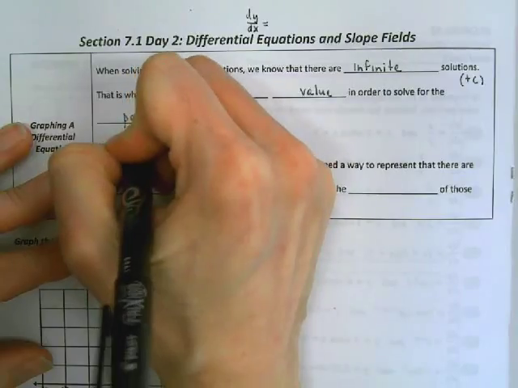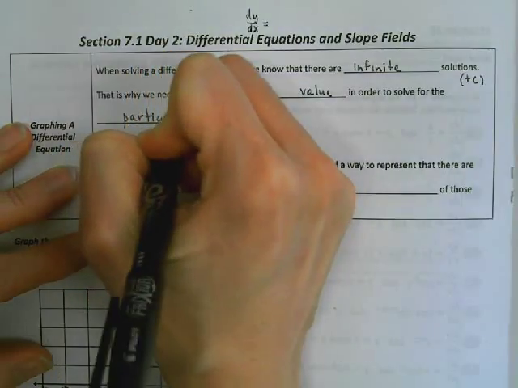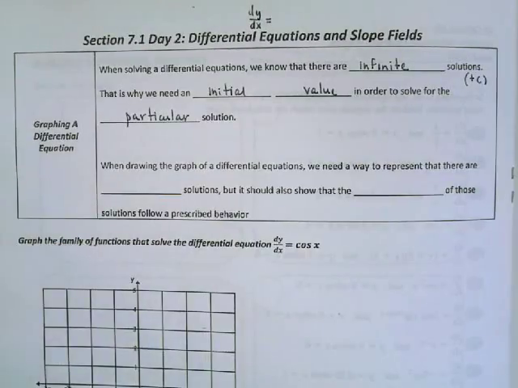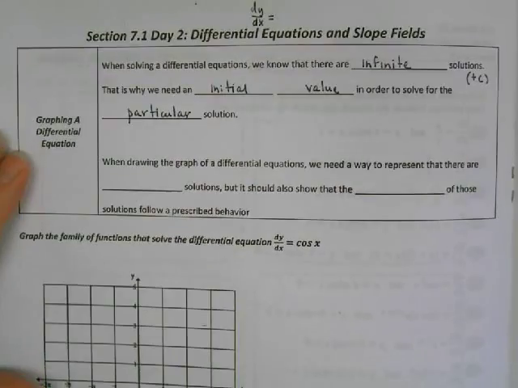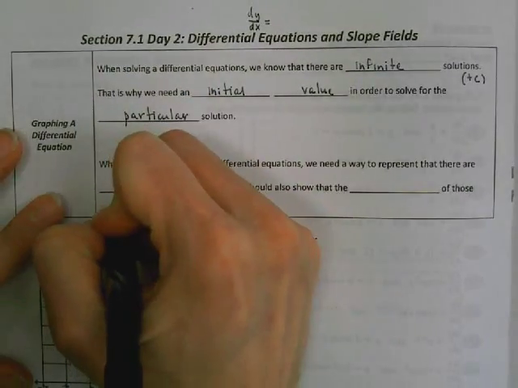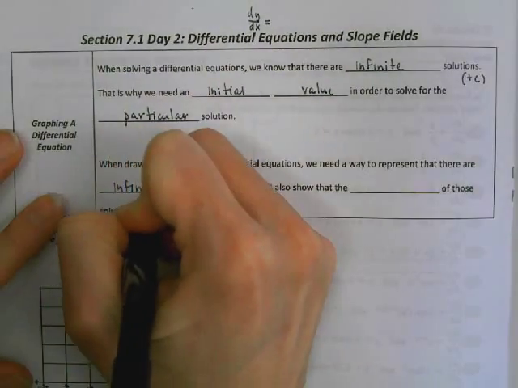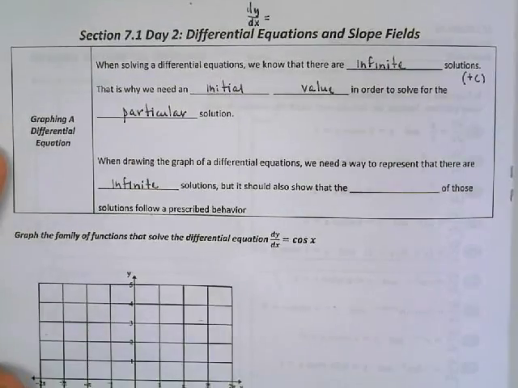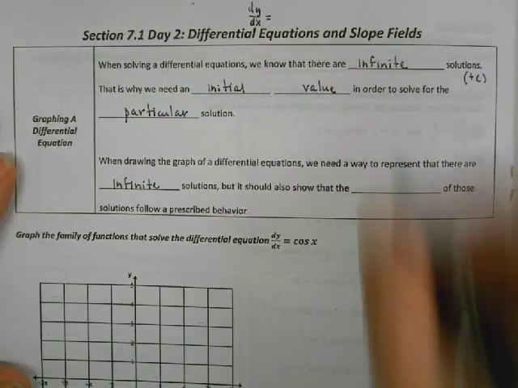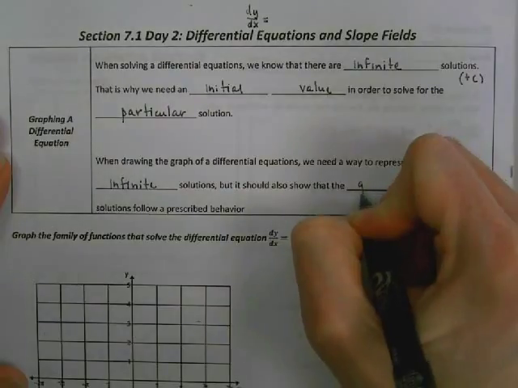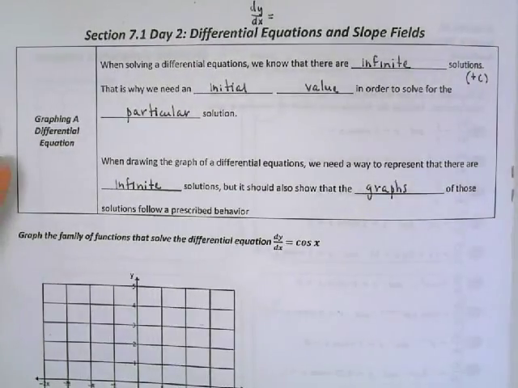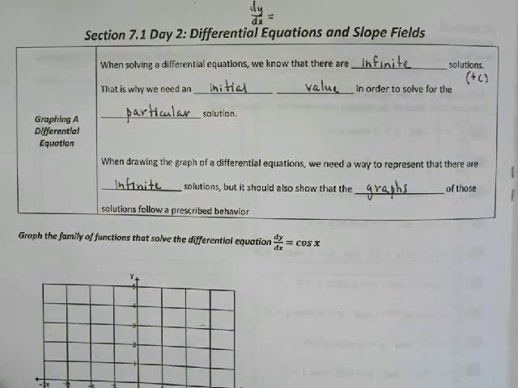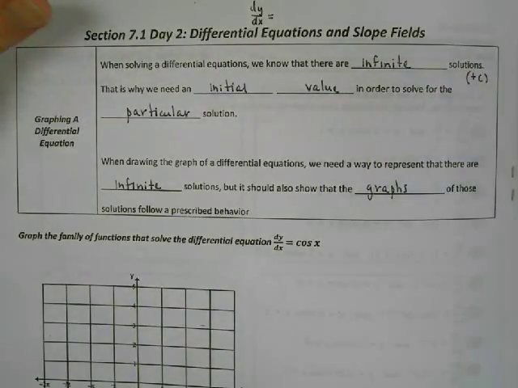If we're given an initial value, then we're able to solve for c and get that particular solution. Now, when drawing the graph of differential equations, we need a way to represent that there are infinite solutions, but it should also show that the graphs of those solutions follow a prescribed behavior. So let's go ahead and look at an example of one.